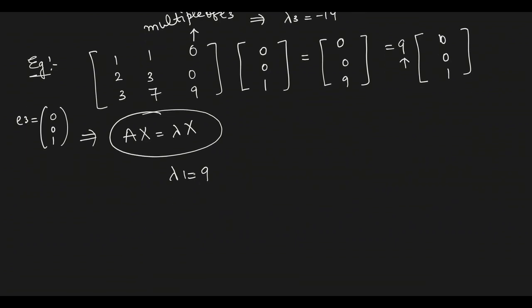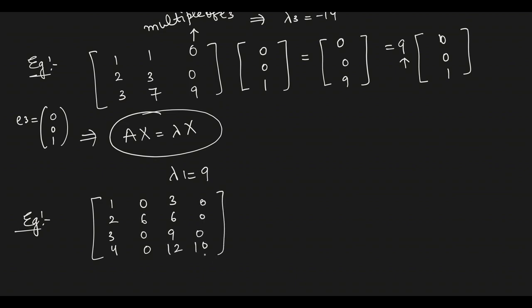Similarly, if I have another example, try this. That means in this case, one eigenvalue is 6 and another is 10. And the determinant is 0.